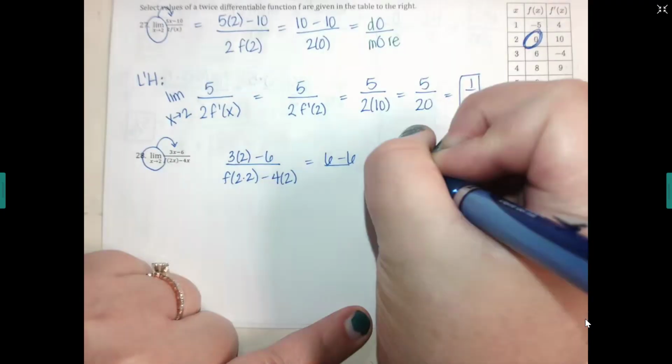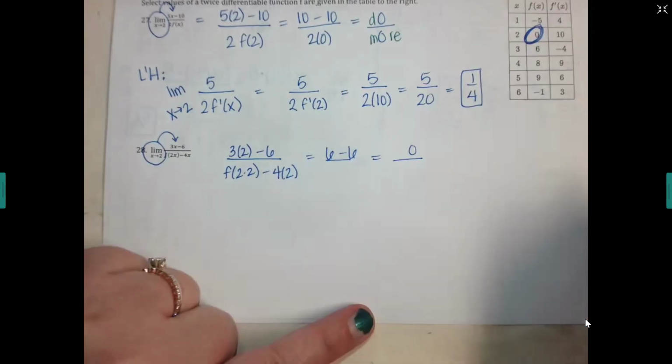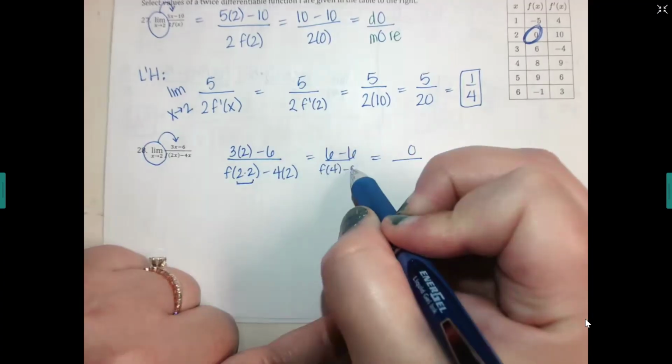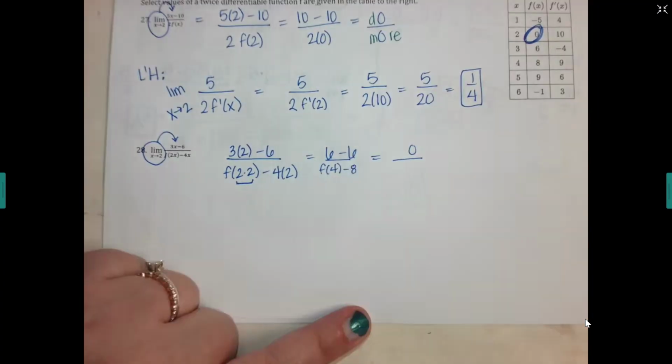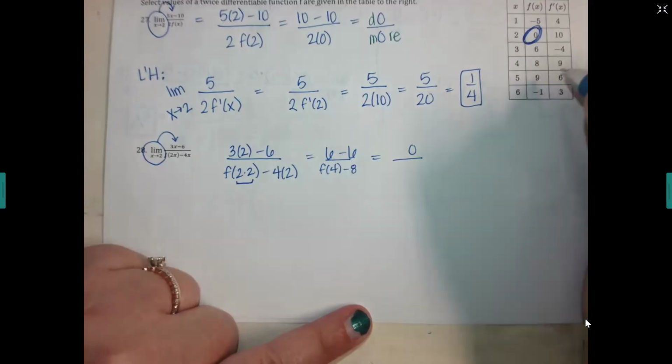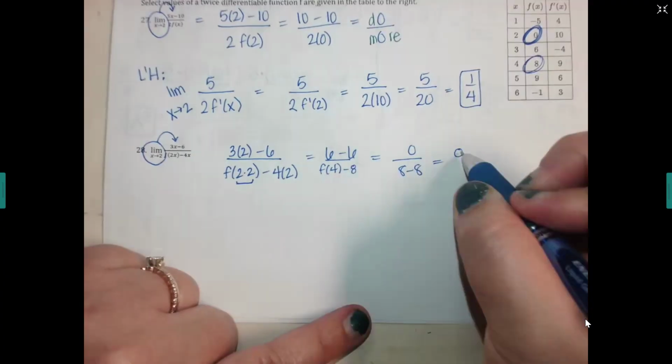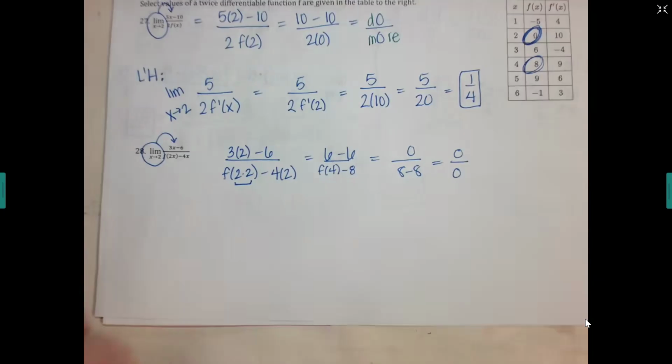But then remember, the bottom has to come out to 0 for L'Hopital's rule to be true. So if I'm looking at my f of 2x, 2 times 2 is what in here? Then this is really f of 4 minus 8. And then I would pull f of 4 out of the chart. What is f of 4? 8. And then 8 minus 8 is 0 over 0. So that tells me we have to do more.